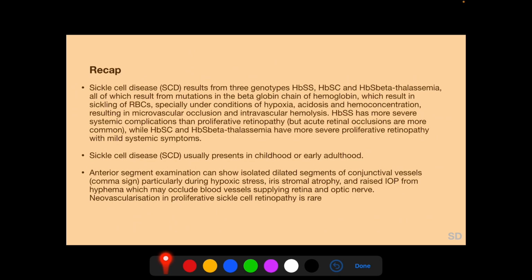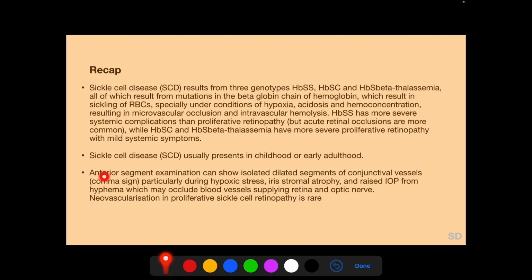HbSS genotype can have more severe systemic complications as compared to the severity of proliferative retinopathy, while HbSC and HbS beta thalassemia genotypes typically have more severe proliferative retinopathy as compared to the severity of the systemic symptoms. Sickle cell disease usually presents in childhood or early adulthood.